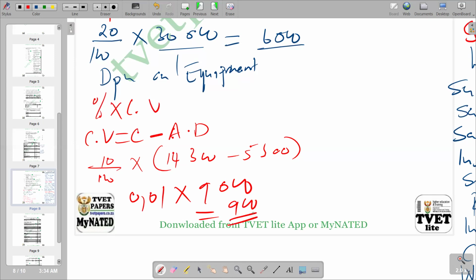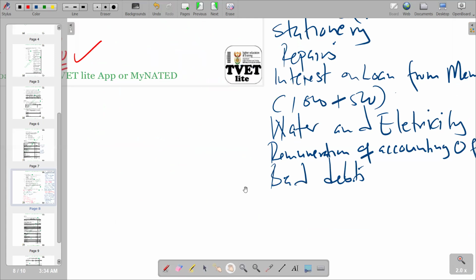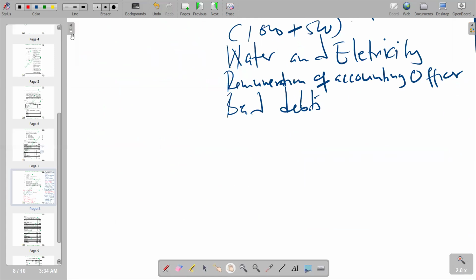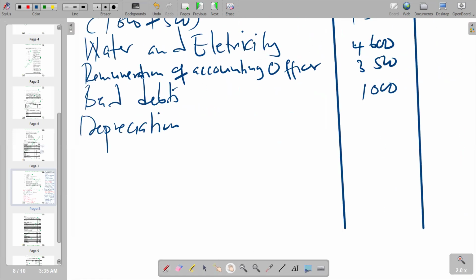So we say 6,000 for vehicles plus 900 for equipment to get the total depreciation. So we see depreciation, and in brackets we can show the working: 6,000 plus 900, and the figure that we get is 6,900.